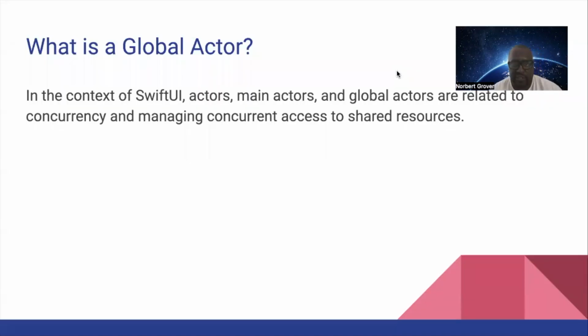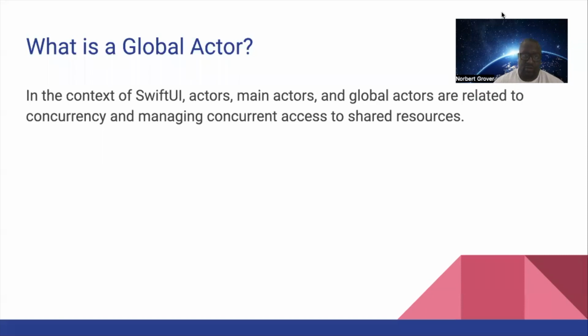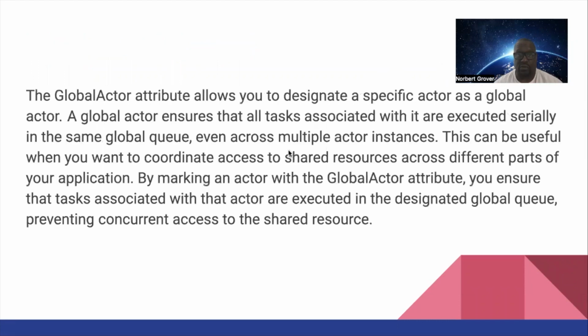So, in the context of SwiftUI, actors, main actors, and global actors are related to concurrency and managing concurrent access to shared resources. In the tutorial, I'm going to show you what I'm talking about. The global actor attribute allows you to designate a specific actor as a global actor. A global actor ensures that all tasks associated with it are executed serially on the same global queue, even across multiple actor instances.